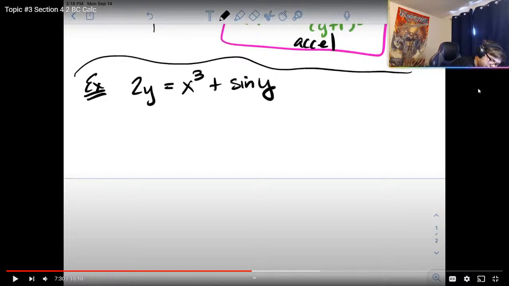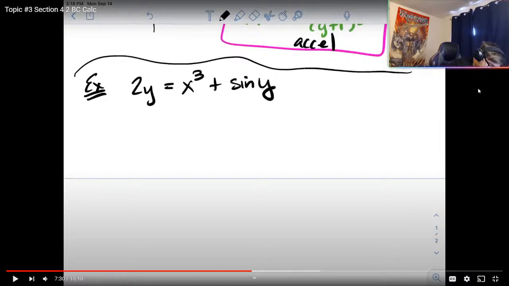Why did I do it like that? Notation is weird, hold up. Is equal to 3x squared. Divide that, so then we get dy dx times 2 minus cosine of y is equal to 3x squared.